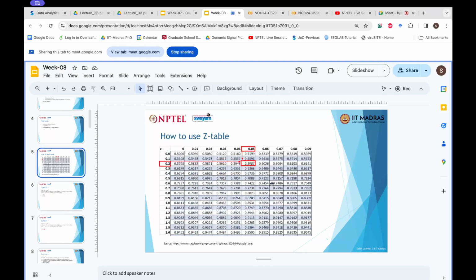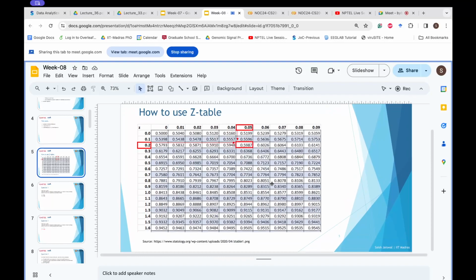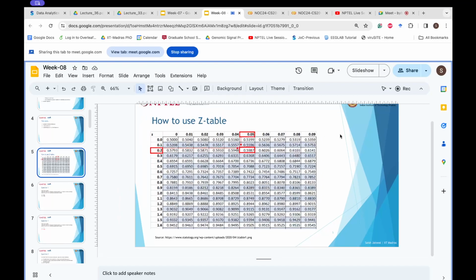Okay, so I added this Z table over here just for those who might have a query relating to how to find the p value for a given Z value. In the one sample test, we saw how to compute the Z statistic or Z test. Once you get the Z value, say you got a Z value of 1.65, you can go to 1.6 over here and 0.05 over here.